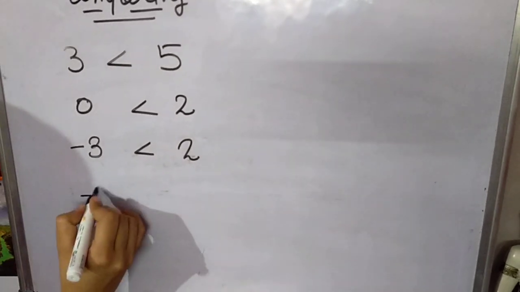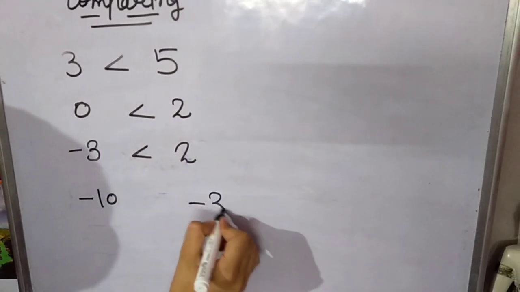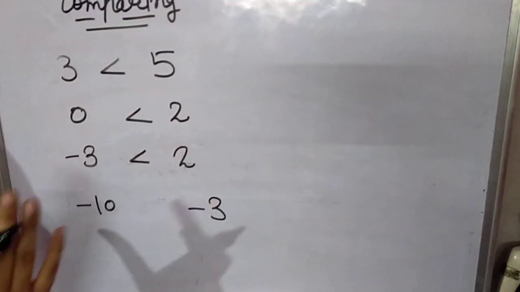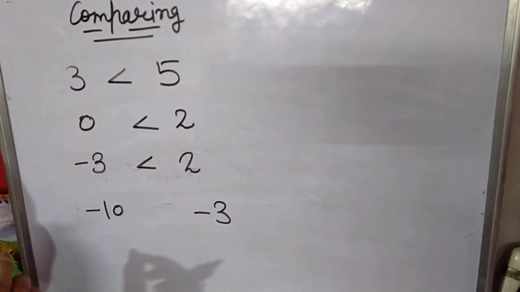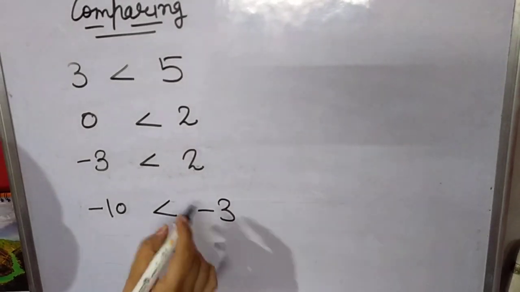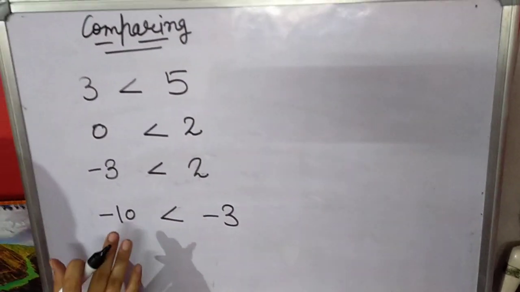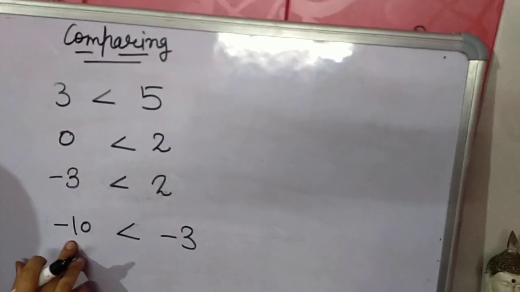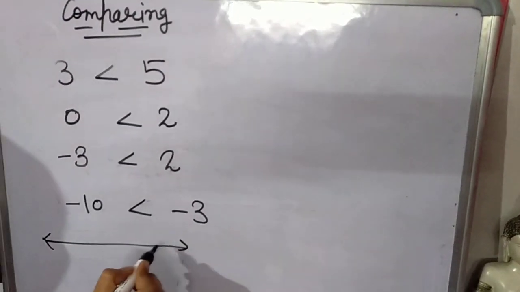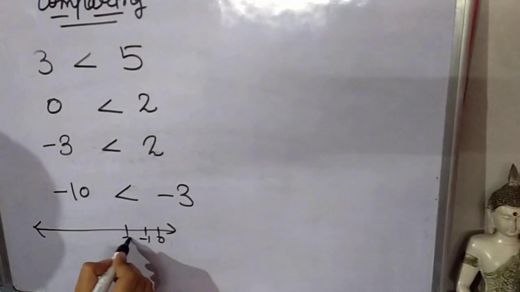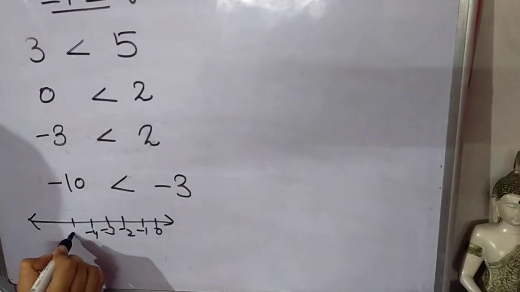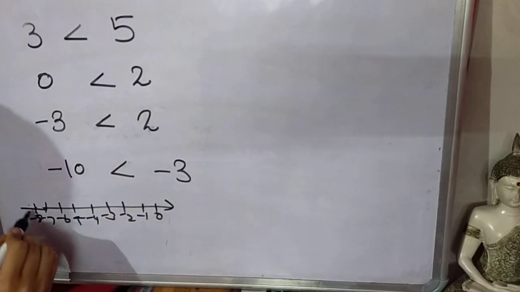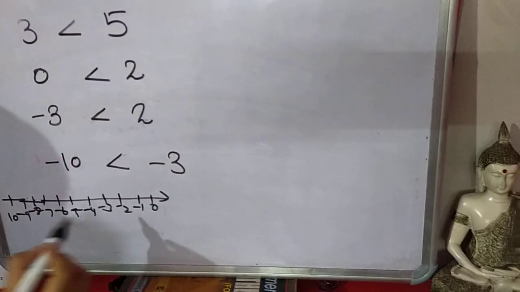If we are comparing two negative numbers, so remember one thing, in negative numbers big number is small and small number is big. It means minus 3 will be big. When we compare both numbers, minus 3 is bigger than minus 10, because when we will draw a line 0, minus 1, minus 2, minus 3, minus 4, minus 5, minus 6, minus 7, minus 8, minus 9 and minus 10.